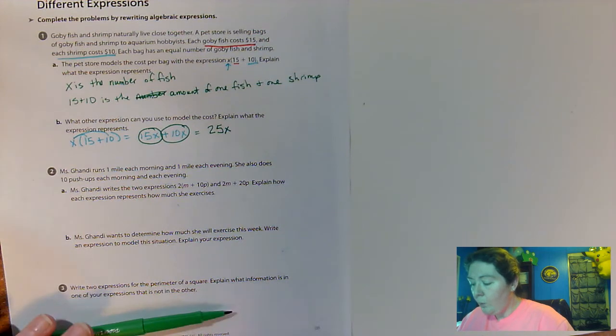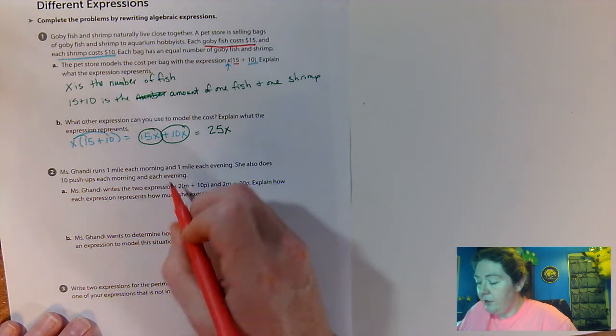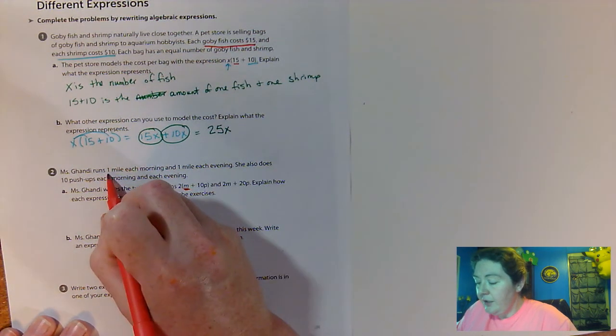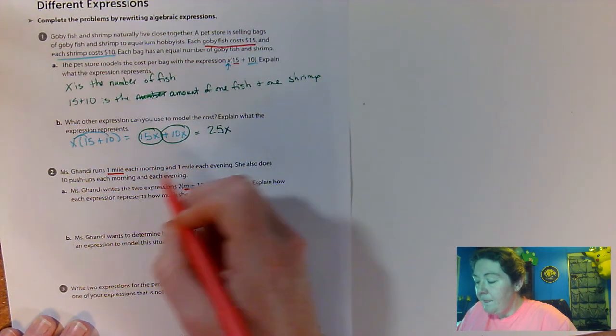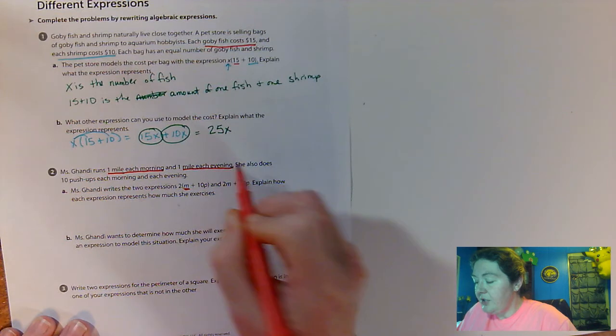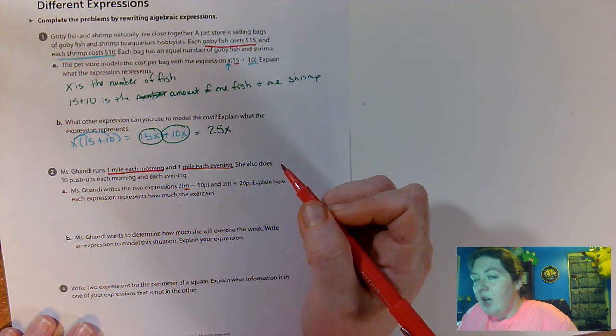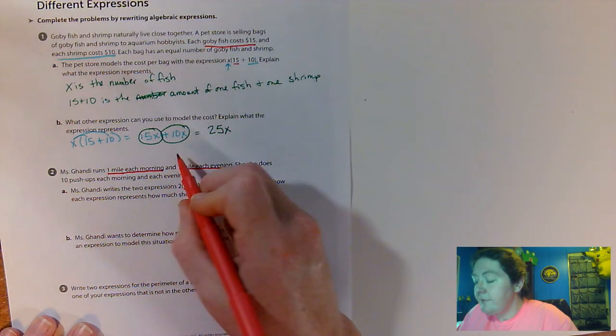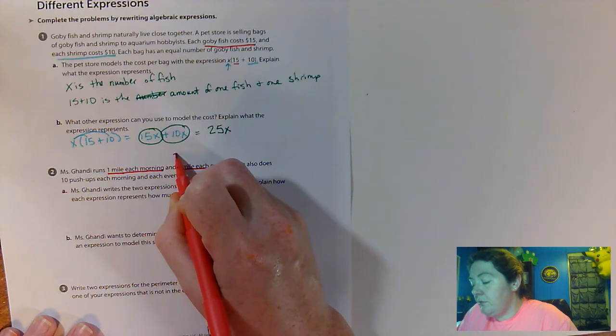Well, we're going to use a little common sense here. M is going to stand for mile. She goes 1 mile each morning and 1 mile each evening. How many miles does she go a day? She goes 2 miles.